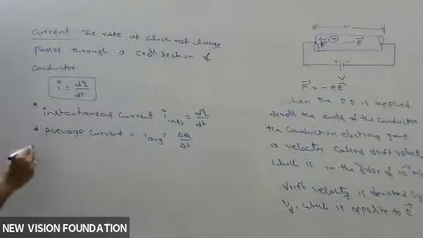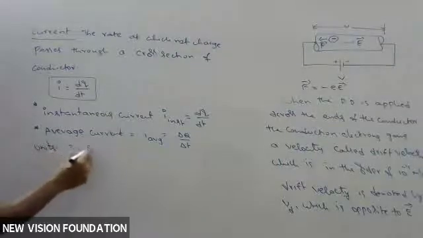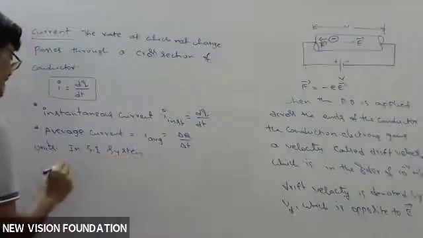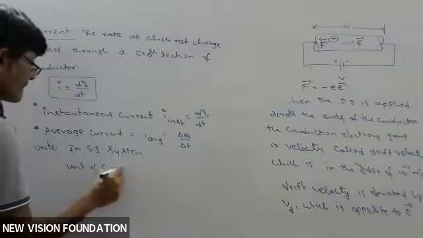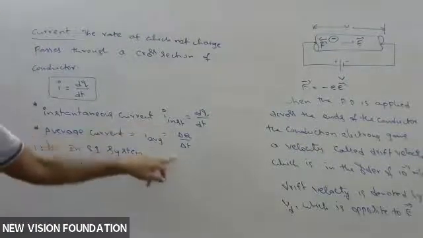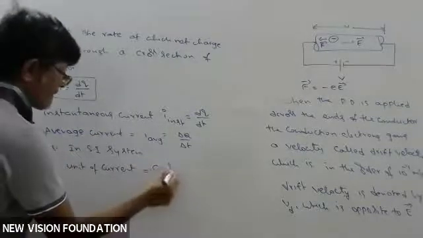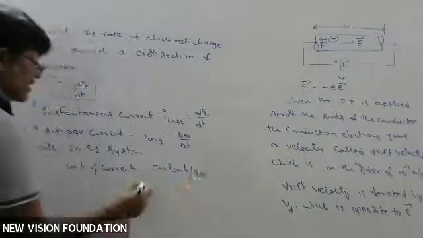Next, units. In SI system, unit of current is equal to charge divided by time by formula. So for charge coulomb per second, this is called ampere.